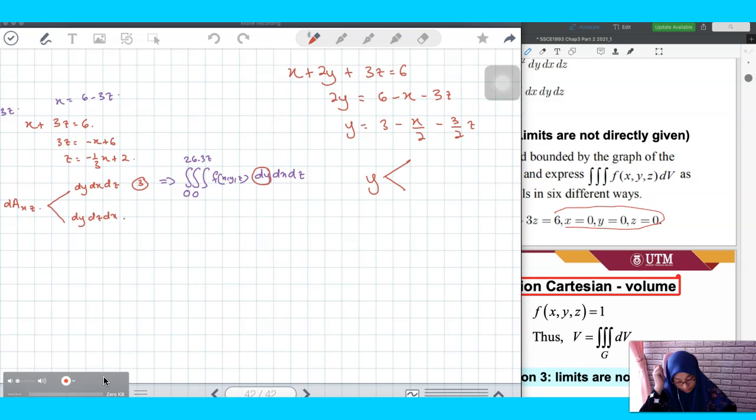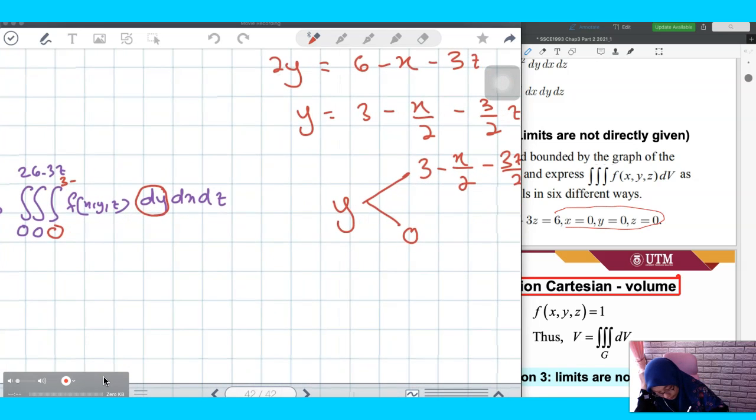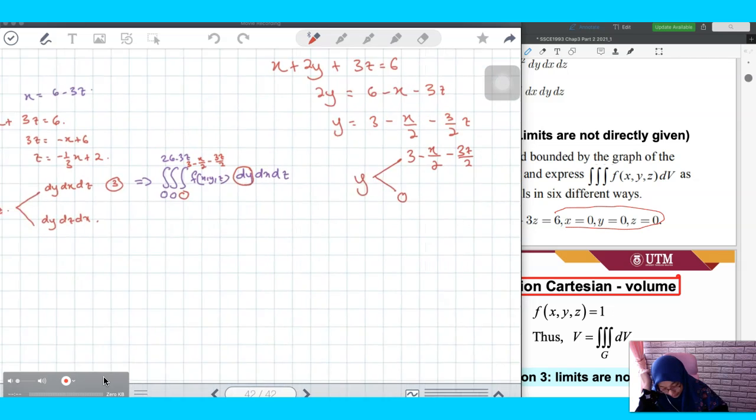Okay, so then you can see that the limit of y from the solid is: your lower bound is the floor, y equal to 0, and your upper bound is 3 minus x over 2 minus 3z over 2. Then you can replace here 0 to 3 minus x over 2 minus 3z over 2. That is the limit of y.